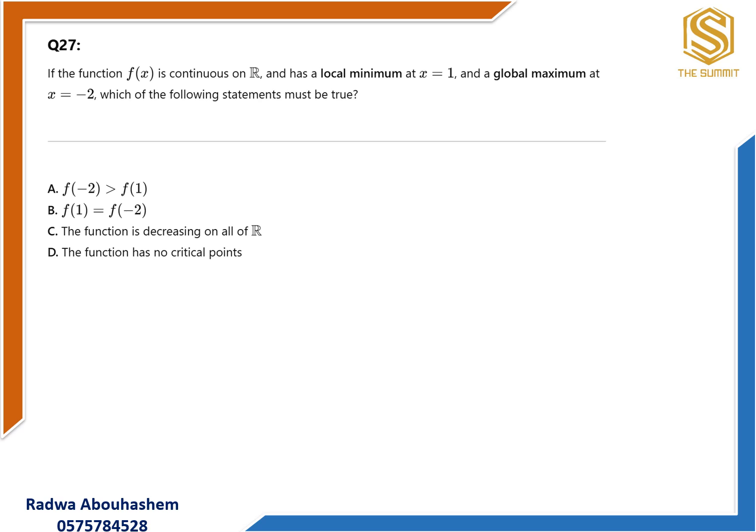Of course, if I say global maximum at -2, this means the function of x would be the highest point on the curve. So the function of -2, yes, should be greater than the function of 1. Function of 1 equal to function of -2, of course, no. This one is maximum and this one is minimum.